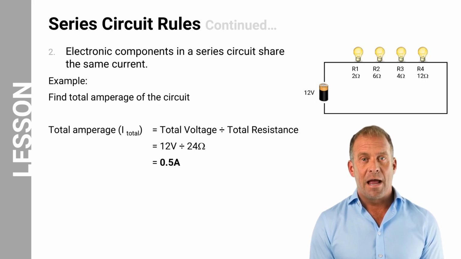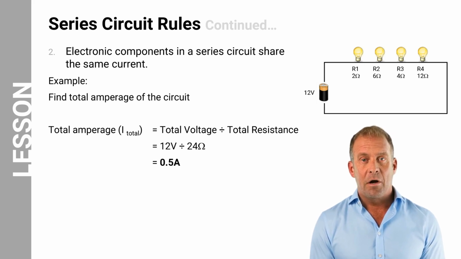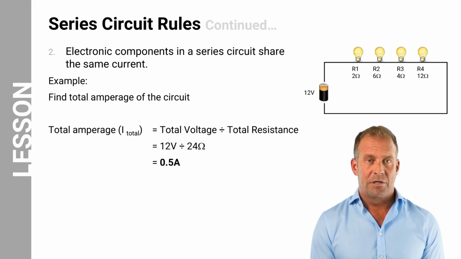The formula is I total equals total voltage divided by total resistance. Plugging in our values, we get 12 volts divided by 24 ohms, which equals 0.5 amperes. This current flows through every component in the series circuit, illustrating the uniform current distribution characteristic of series connections.